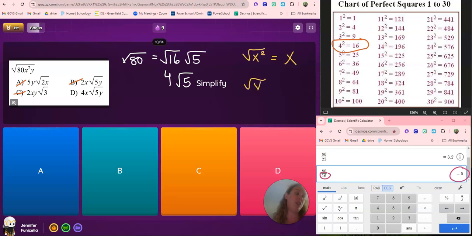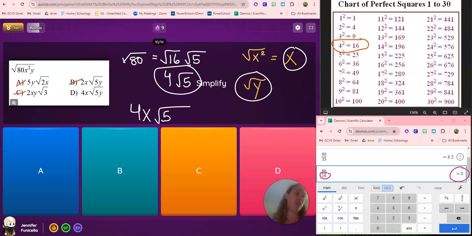That cannot be simplified, so that'll just stay as is. So that's our final answer, putting these 3 together, pulled into 3 different parts to work on it. So 4x out front, in front of the radical symbol, and still inside is a 5 and a y, which means our answer option is B.